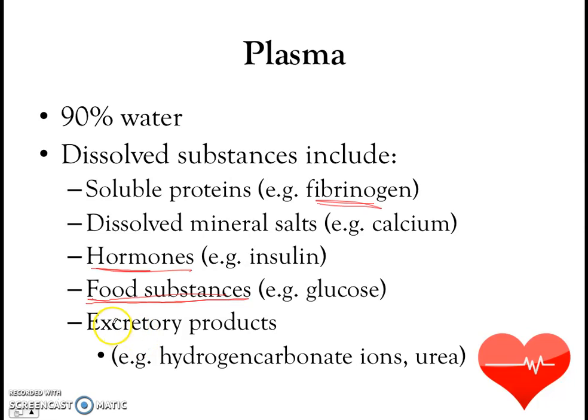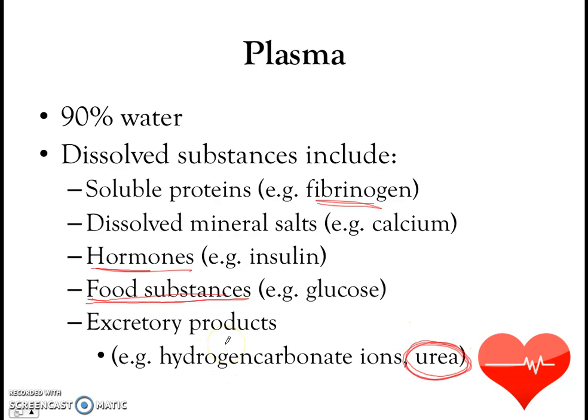And finally, we have dissolved excretory products, products which are meant to be excreted and removed from the body. For example, urea. Remember urea from our human nutrition chapter, urea, which was the result of deamination, breaking down amino acids. Now this is transported in the plasma as well to be carried away to the kidney to be excreted from the kidney.